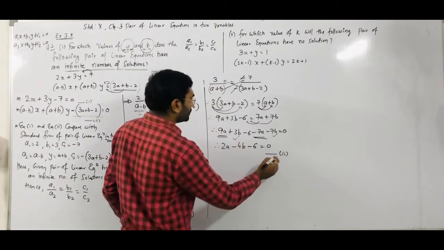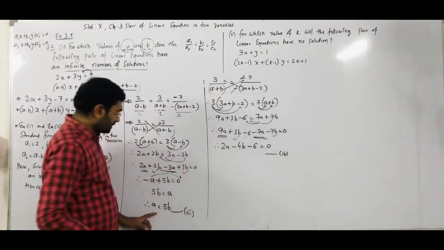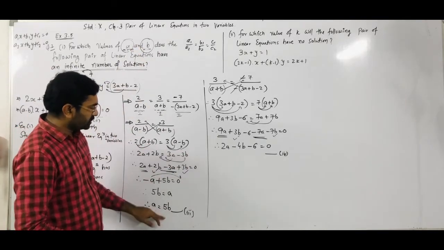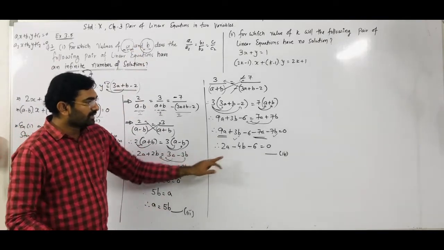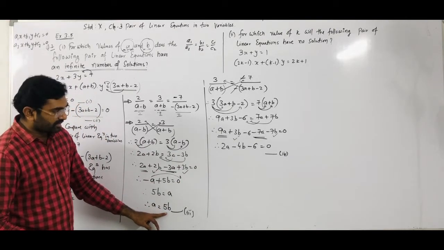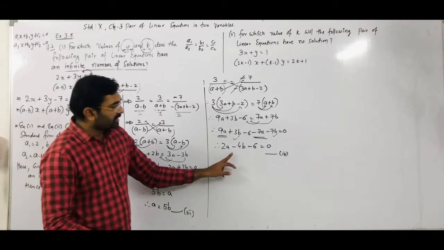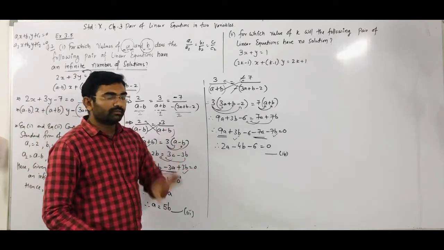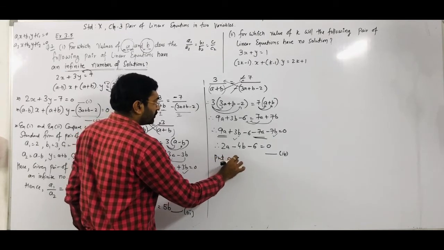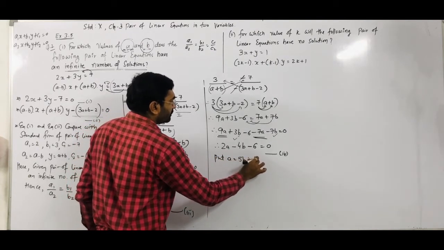As I told you, for finding out the two values we require two equations, so third and fourth we require. Now what we have to do: in the third equation we defined a = 5b, so that value we put in equation number 4, and we get the b value. So put a = 5b in equation number 4.